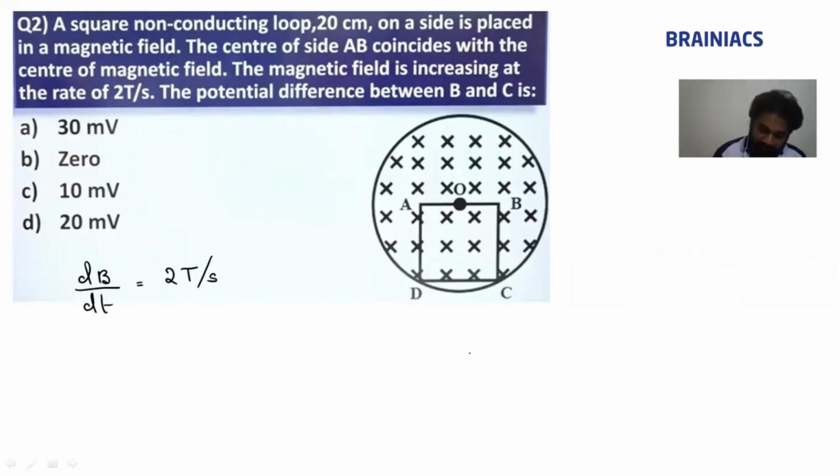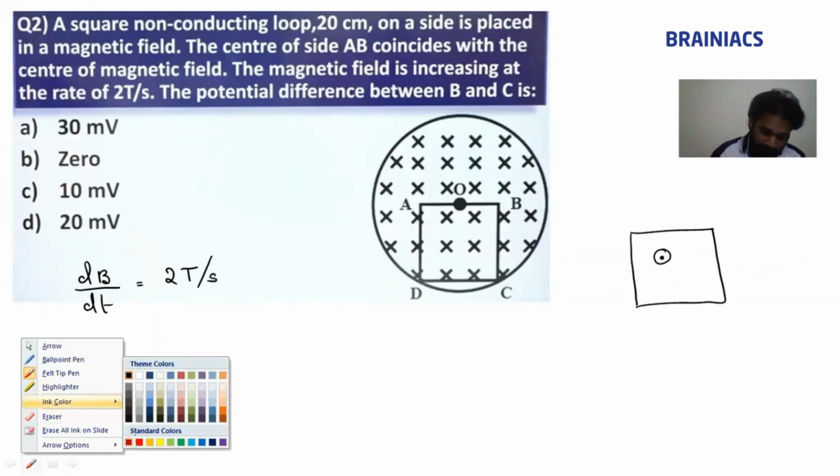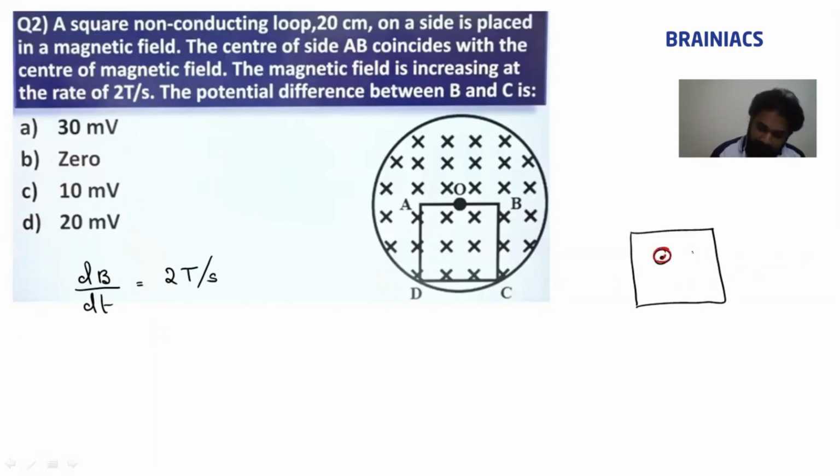Okay, so if we draw this, the induced magnetic field will be dot. Here, if I consider this square, this is going to be a dot. The induced magnetic field is dot, which means the direction of current will be what? Anti-clockwise.